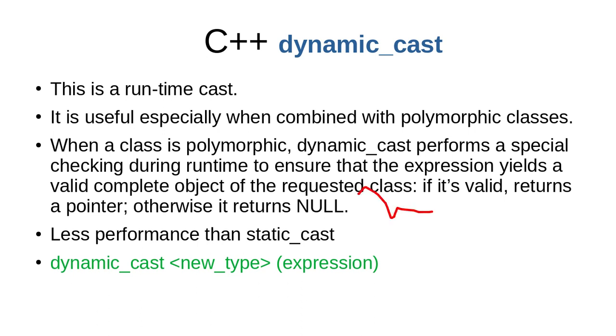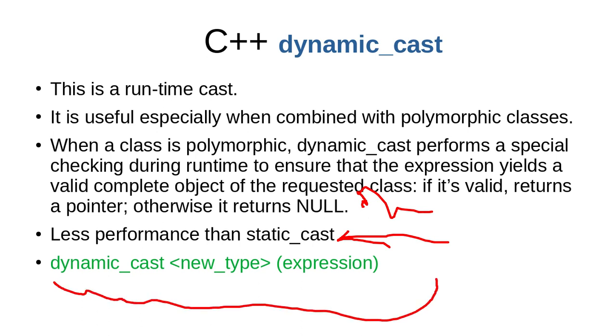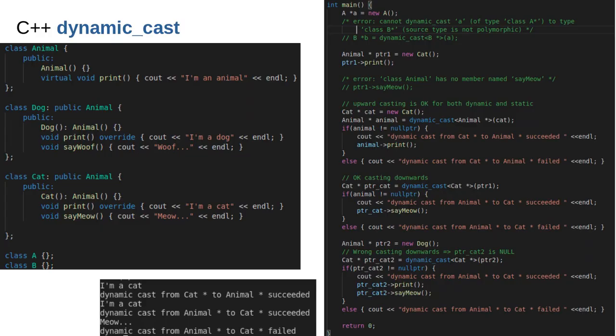Because of this checking, dynamic cast has less performance than static cast. So if you know the types of the pointers, use static cast, otherwise use dynamic cast. This is how I can use dynamic cast: new type and expression.